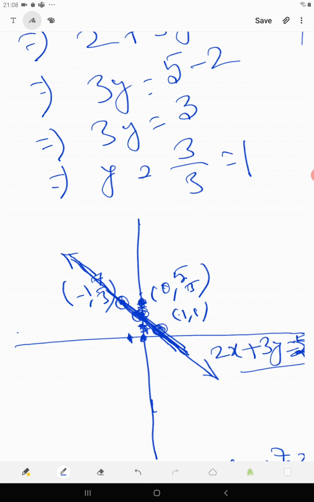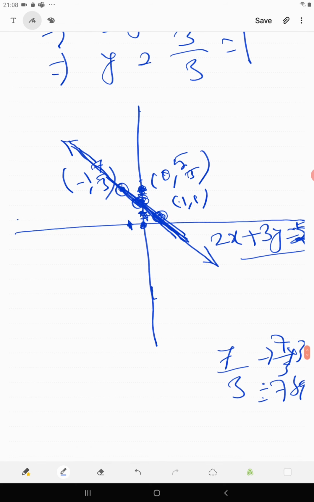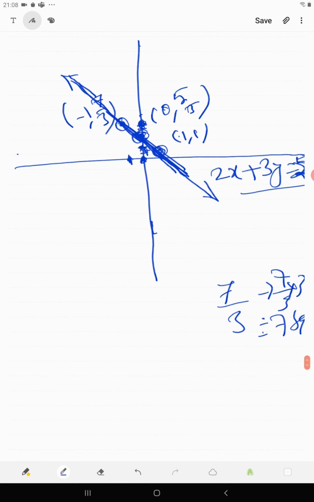These are the points which I took: minus 1 comma 7 by 3, 0 comma 5 by 3, and 1 comma 1. As simple as that. Whenever you have a fraction, understand this is very important: what is given in the denominator, that many squares, smaller or bigger, you can assume as one unit.